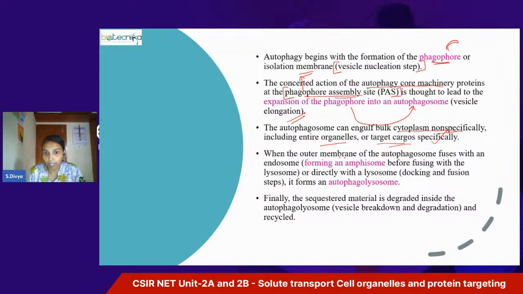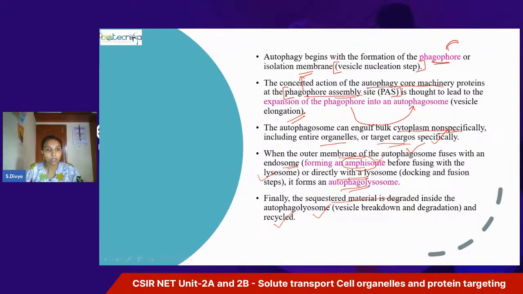Now, when the outer membrane of the autophagosome fuses with the endosome, it becomes an amphisome. The amphisome is a structure formed before the lysosome. Otherwise, it will directly fuse with the lysosome without the amphisomal intermediate. That structure becomes the autophagolysosome. Finally, the sequestered material will be degraded inside the autophagolysosome and recycled back to the cells for further usage.